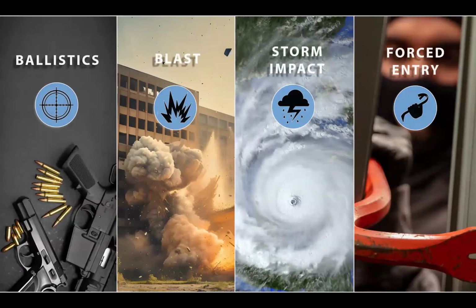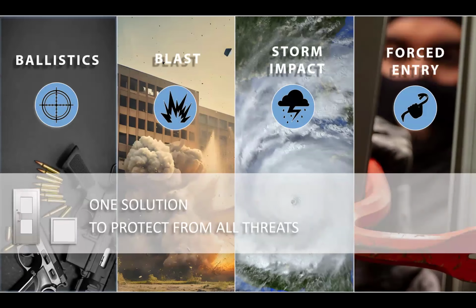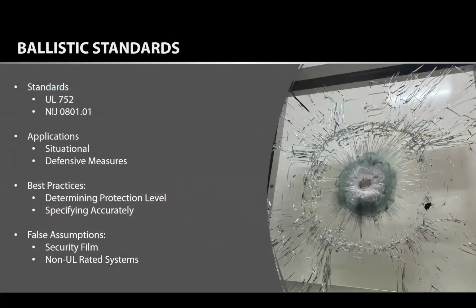But as we transition into the four different key security categories that we're going to be discussing today, the first one that always pops up on everybody's radar that is usually guiding a lot of the design criteria for your buildings is ballistic protection. And I encourage all of you, since you're probably sitting by your computers, visit our website or just go to your favorite search engine and type in UL752. Now, if you're not familiar with UL752, that's okay.